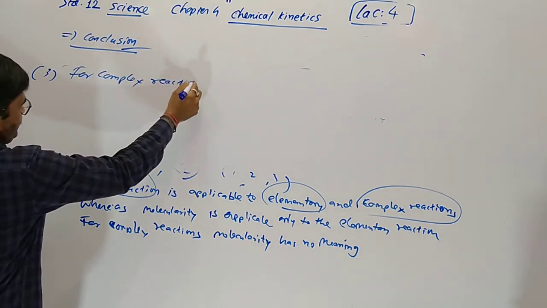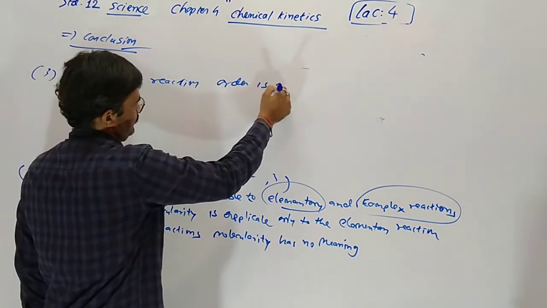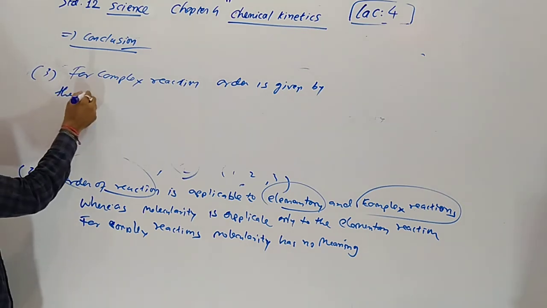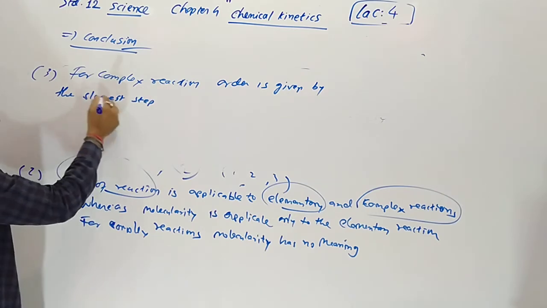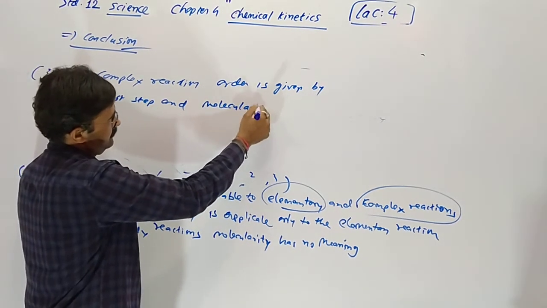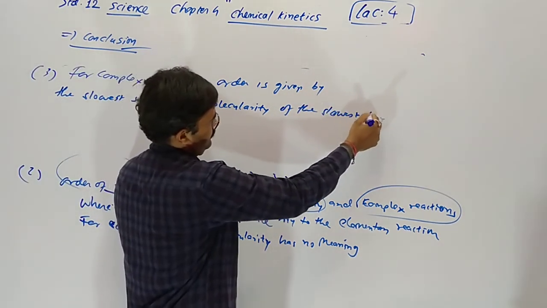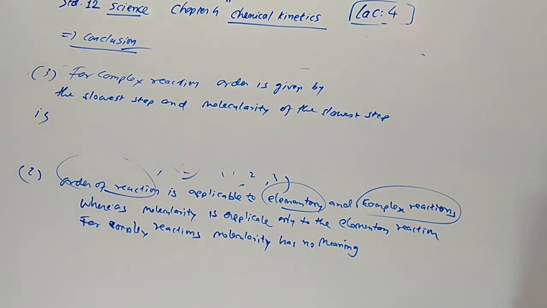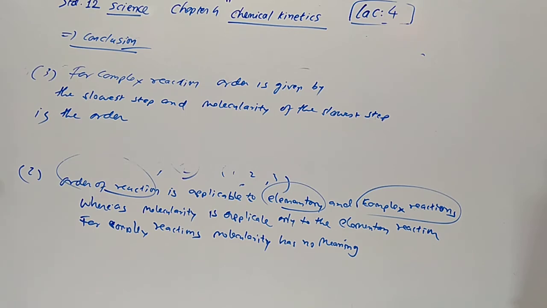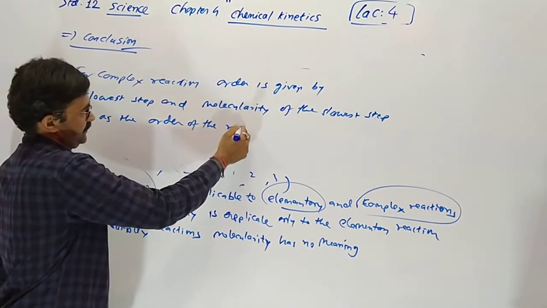For a complex reaction, the order is given by the slowest step, and the molecularity of the slowest step is the same as the order of the reaction.